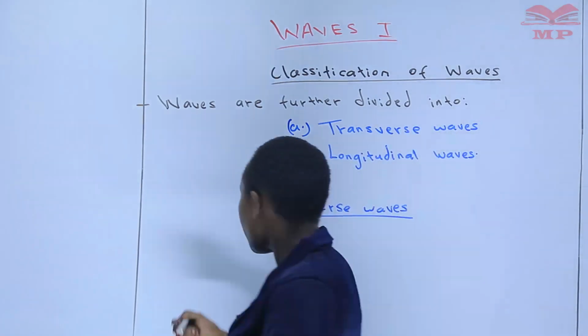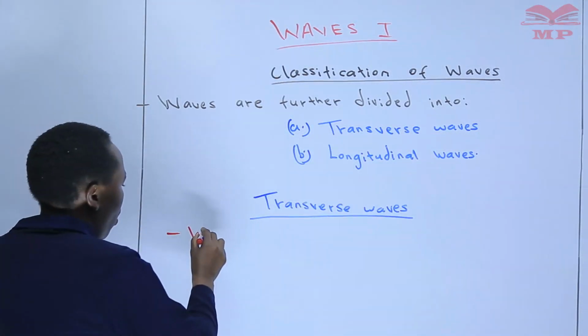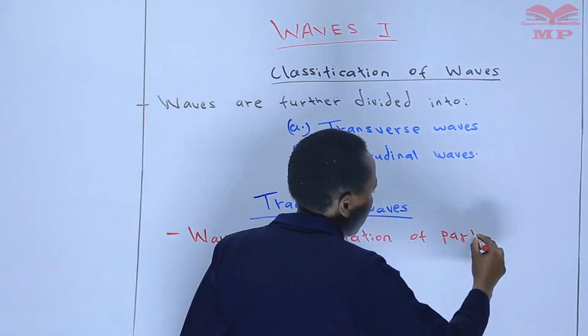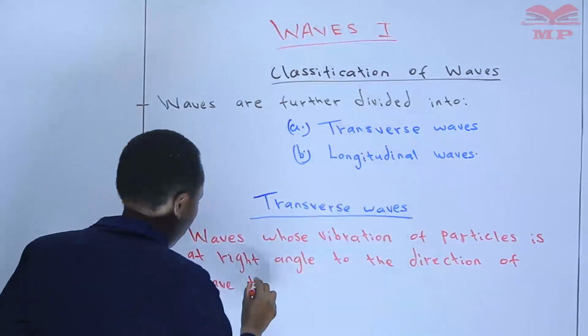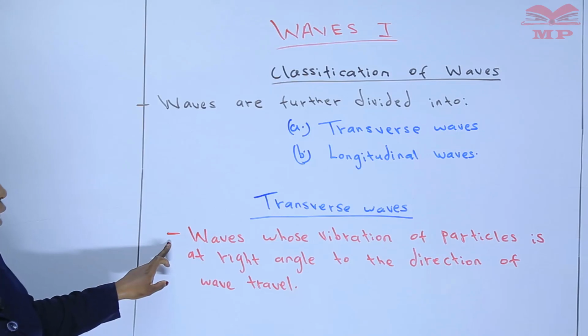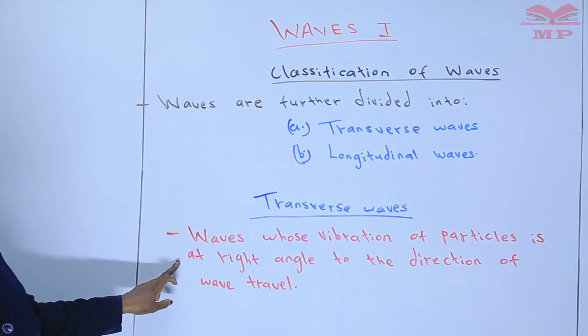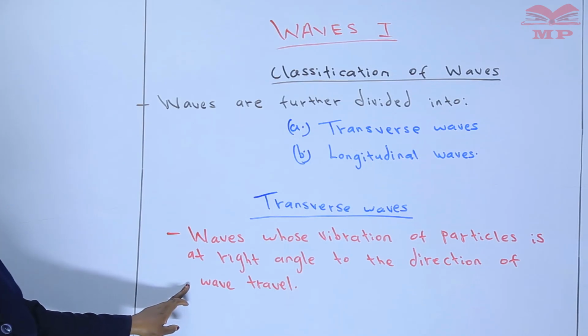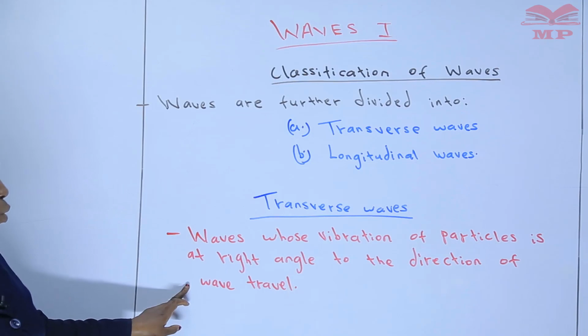So make note of this, that transverse waves are waves whose vibration of particles is at right angle to the direction of wave travel. And I'll be explaining this more.